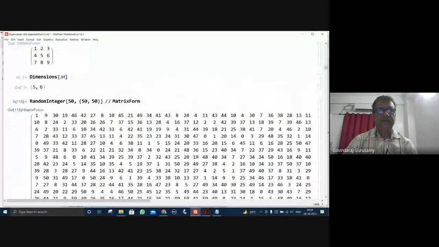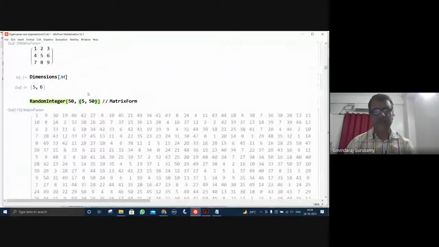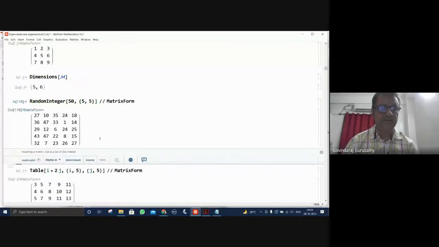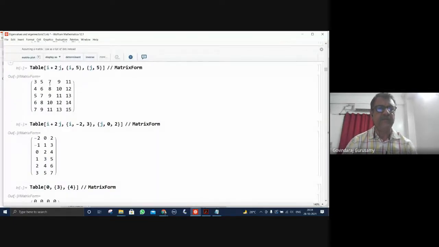So we just made 5 by 5. I can have different numbers also; M and N can be different. This is the random integer form which we have generated. Now we can make a table of i plus 2j, where i varies from 1 to 5 and j varies from 1 to 5. The first one is 3 because i equals 1, then all the j's vary up to 11.